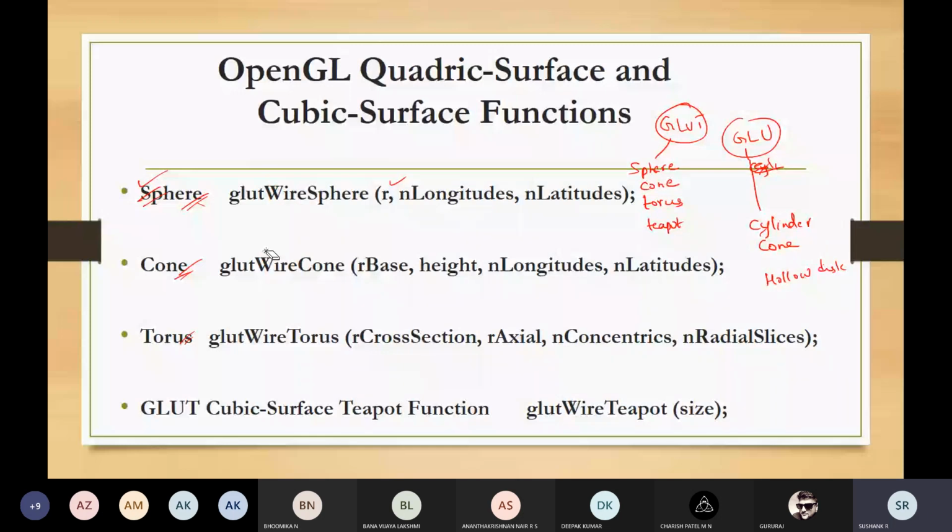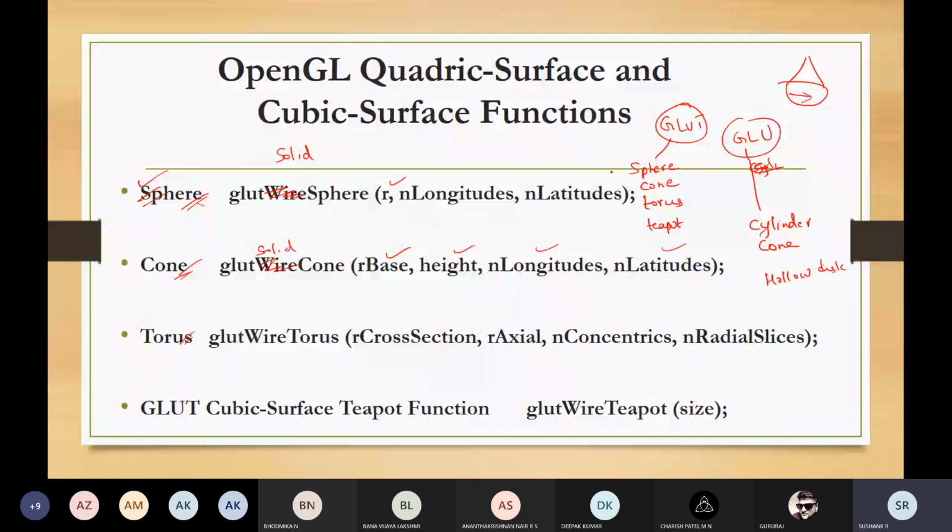Here it takes base, height, number of latitude and number of longitude lines. So r base gives the radius of the cone's base, and it can take a floating point value. H is the height of the cone, which is also a floating point value.